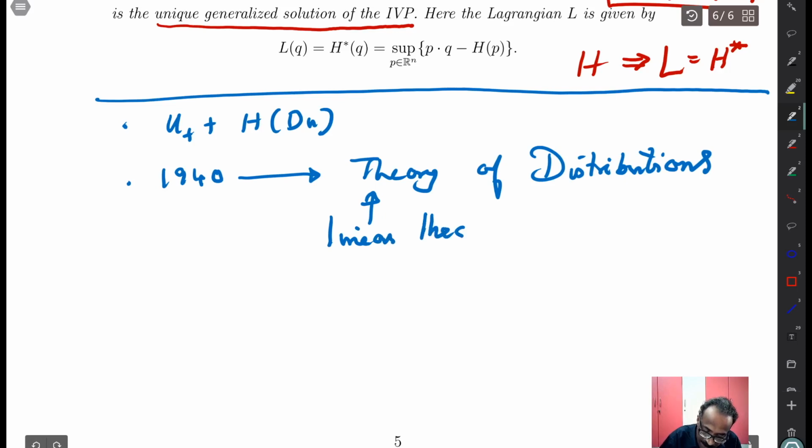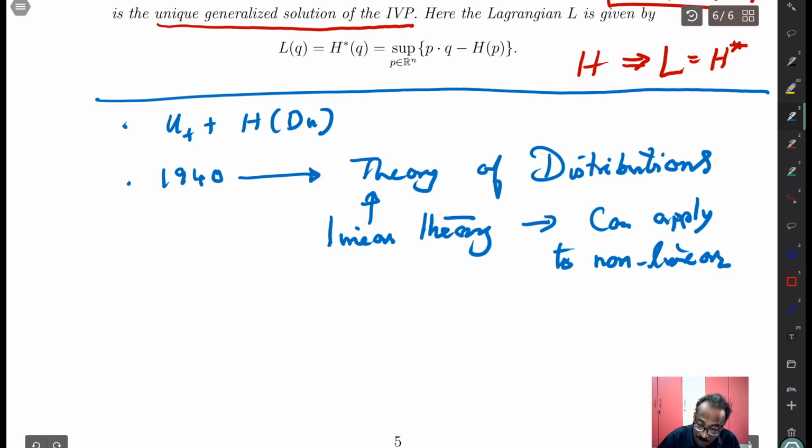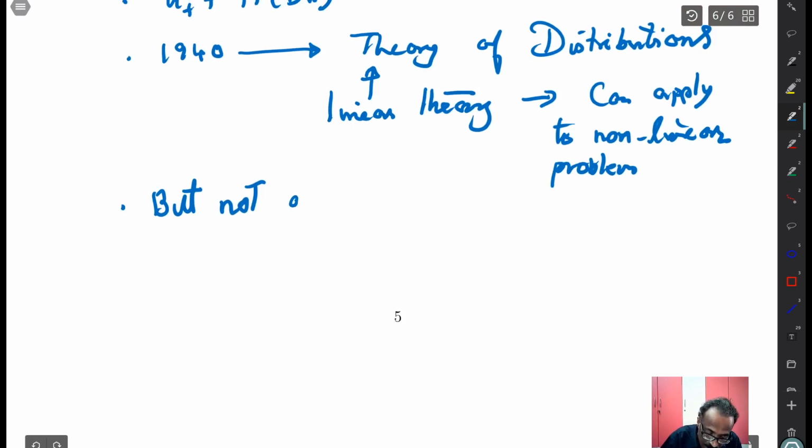It can apply to some nonlinear problems as well, but not to general nonlinear problems. That's not possible because there is no way.